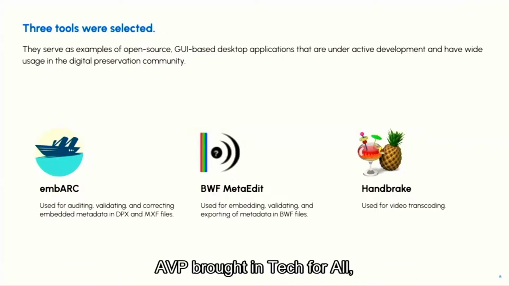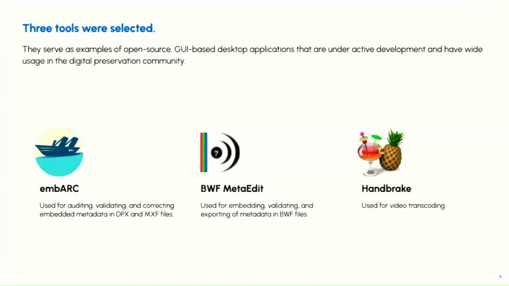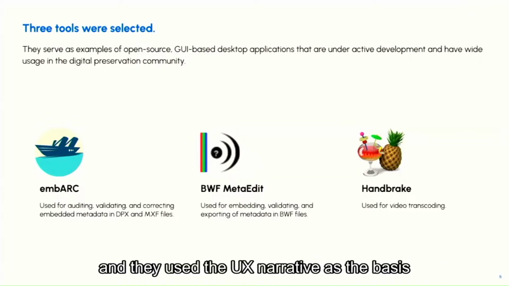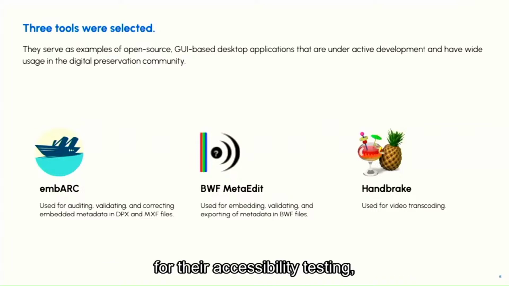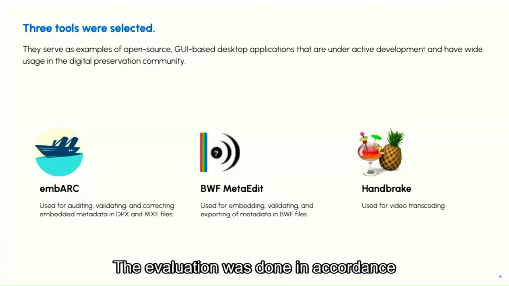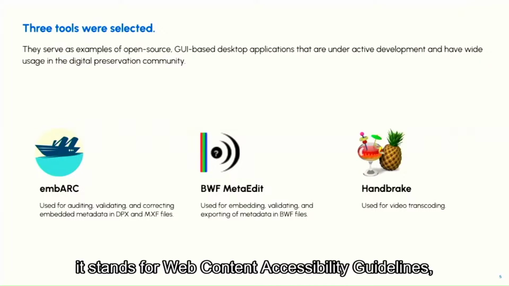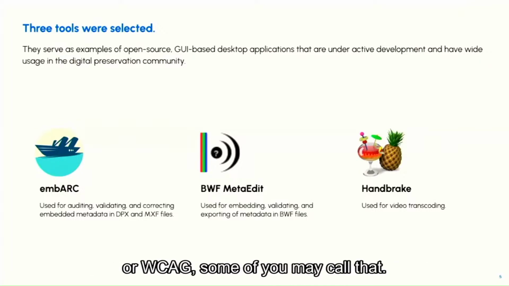AVP brought in Tech for All, which is another consultancy focusing on accessibility, and they used the UX narrative as the basis for their accessibility testing, and they created detailed reports that compiled issues. The evaluation was done in accordance with WCAG 2.1, which stands for Web Content Accessibility Guidelines, or WCAG, some of you may call that.